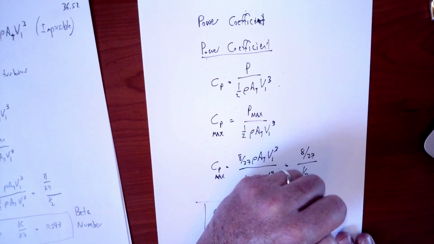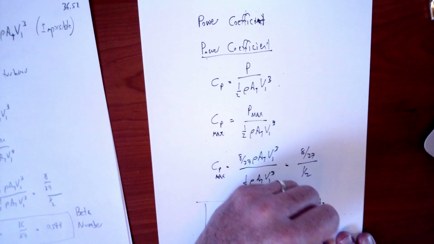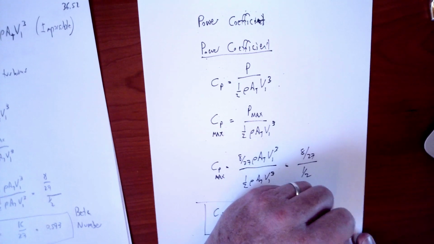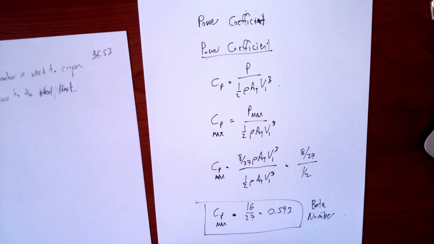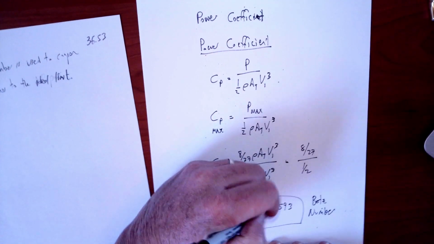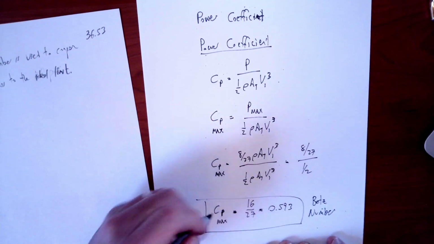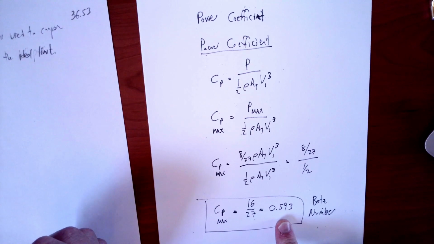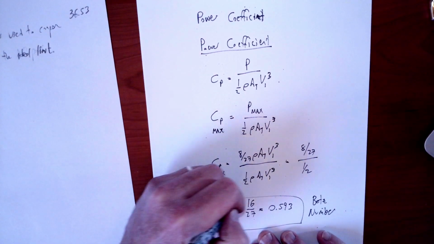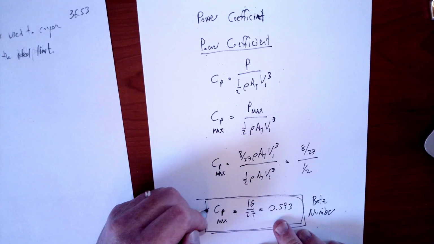This has a name: it's called the Betz number, B-E-T-Z. What that does is allow you to calculate a power coefficient for a real turbine that you're working on, and you can see if its power coefficient is close to 0.593. This is the best any turbine could possibly do.